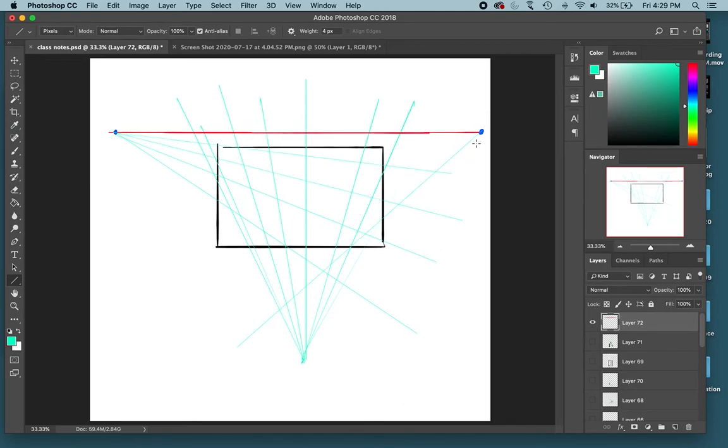So let's do a different object. This is helpful if you want to do, you know, a down angle shot. So we have a high horizon line, but the camera's tilted down, so the horizon line is out of the frame.